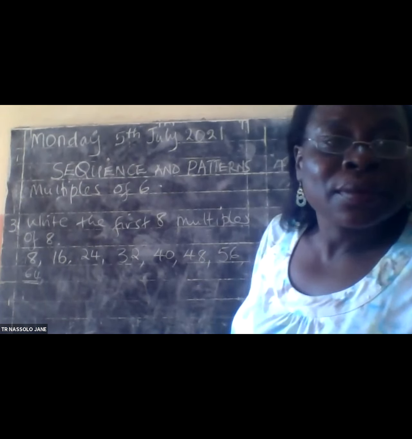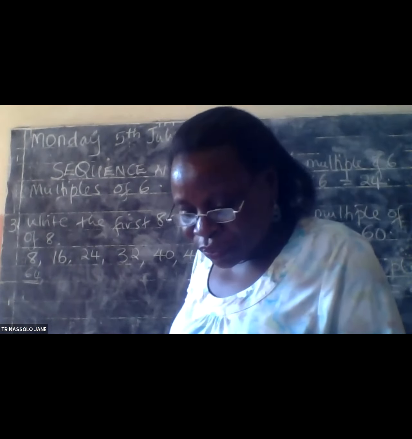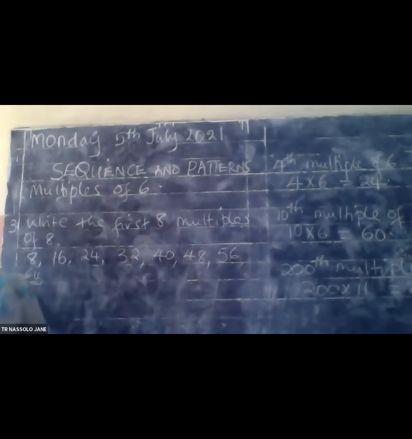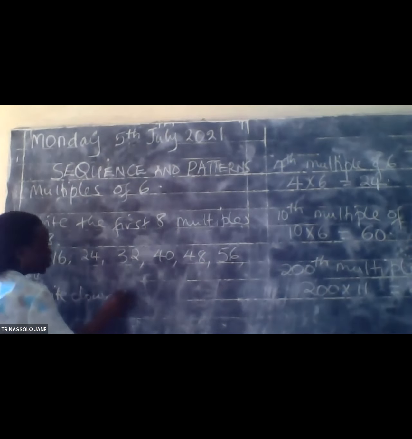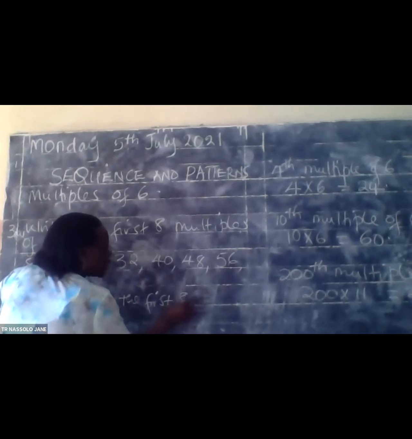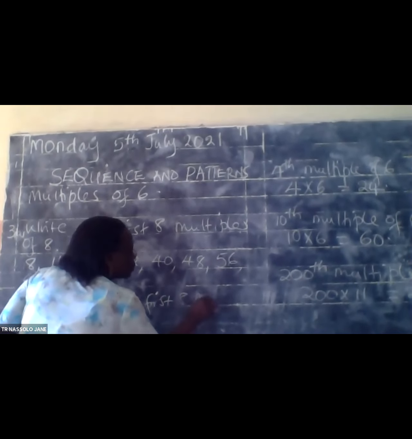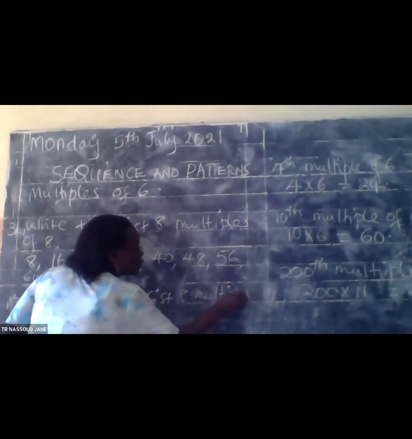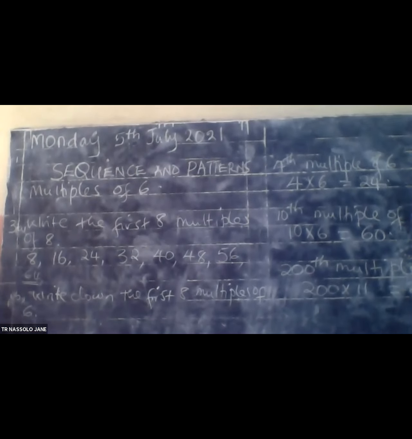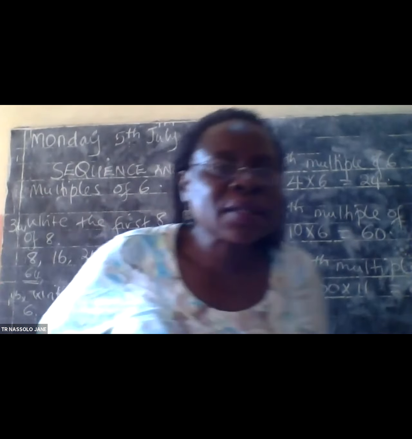Now, write down the first 8 multiples of 6. This was part A, part B. We have to write down the first 8 multiples of 6. And then we start. Somebody will give us. Melissa?